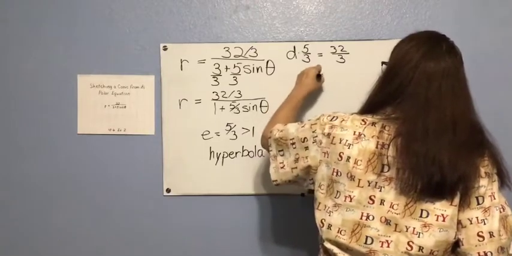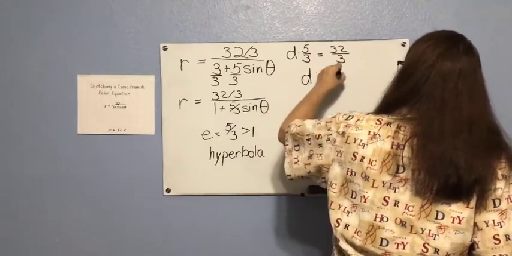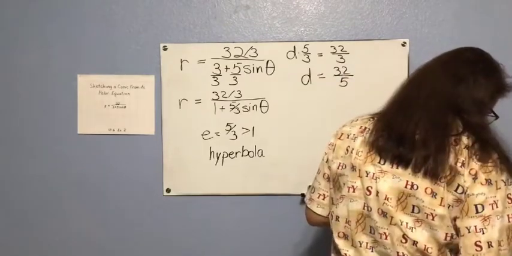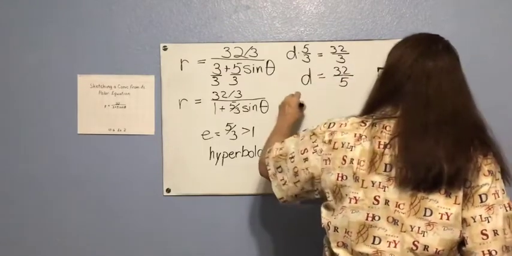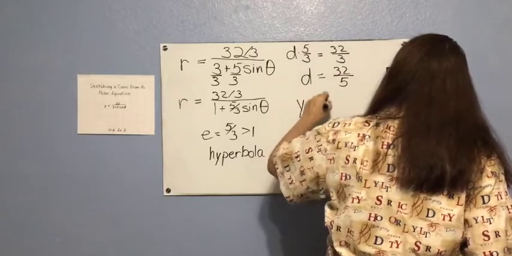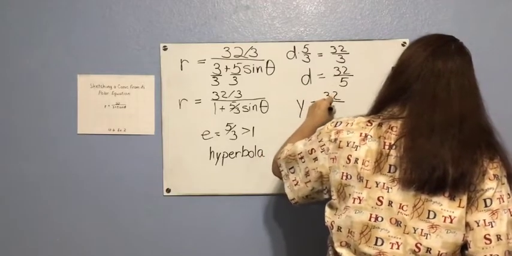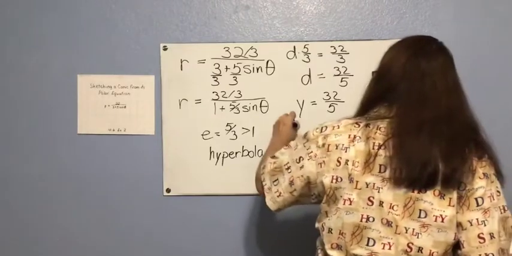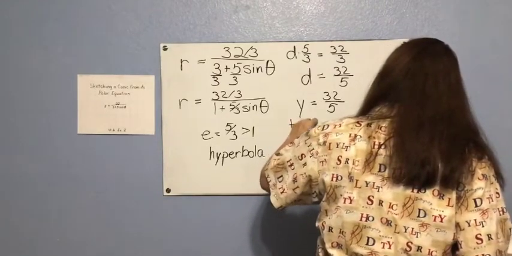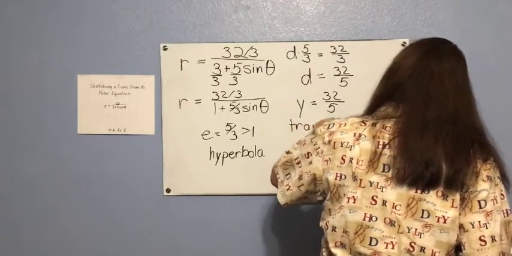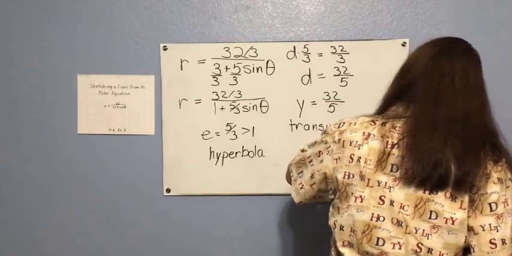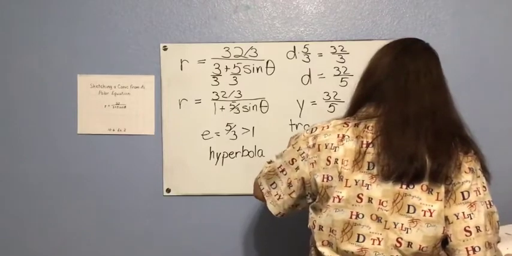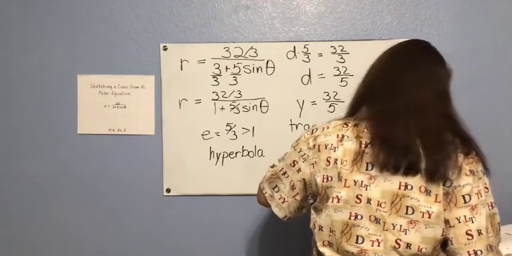So that gives me that d is equal to 32 over 5. So we could say the directrix is at y equals 32 over 5. The transverse axis is at pi over 2.